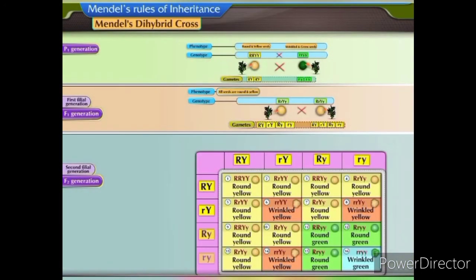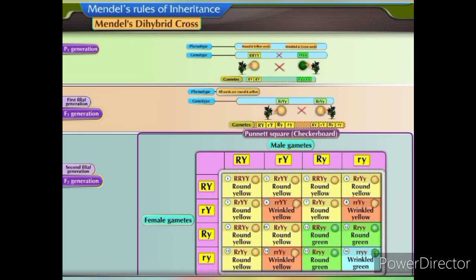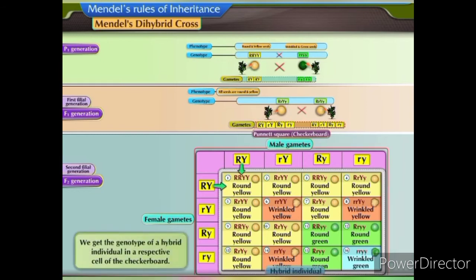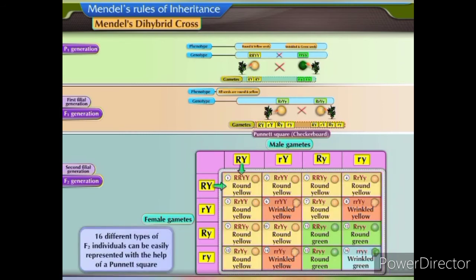This type of Punnett square is also known as a checkerboard. The male gametes are arranged on top, while the female gametes are arranged on the side of the checkerboard. Taking into account the combinations of a male with a female gamete, we get the genotype of a hybrid individual in a respective cell of the checkerboard. Thus, 16 different types of F2 individuals can be easily represented with the help of a Punnett square.